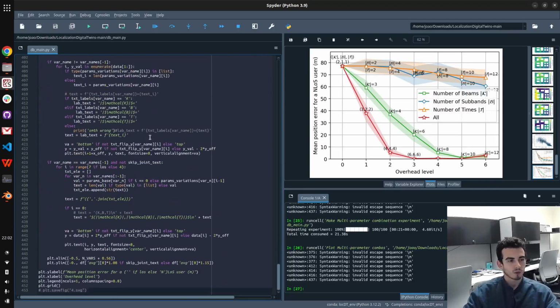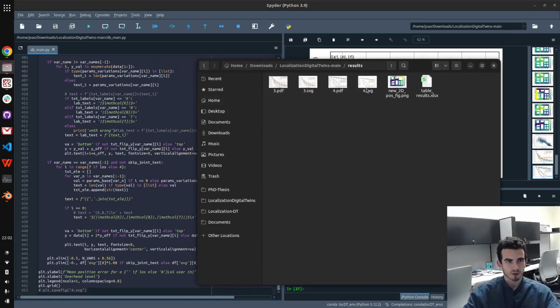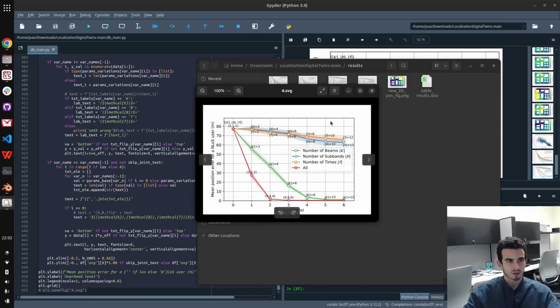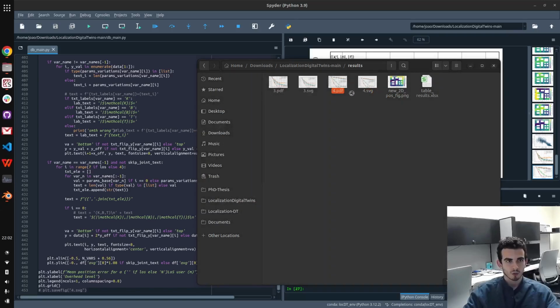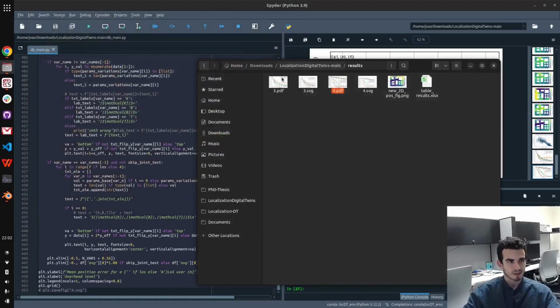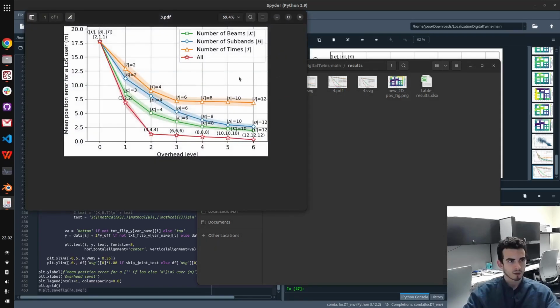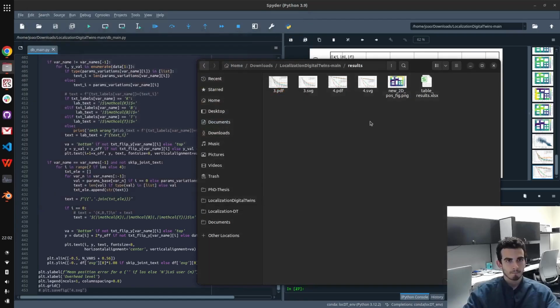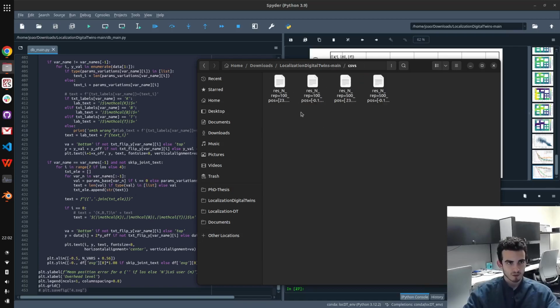And this is how we generated all the figures. I also saved the figures in SVG, and the ones we include in the paper in PDF. I think these are exactly the same ones. And from these you see here the CSVs.